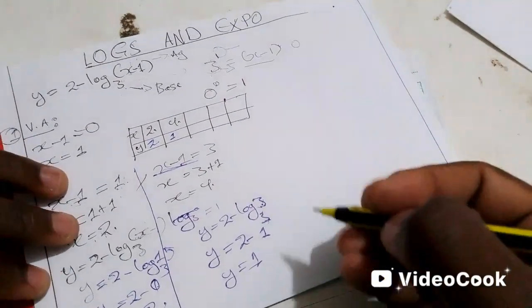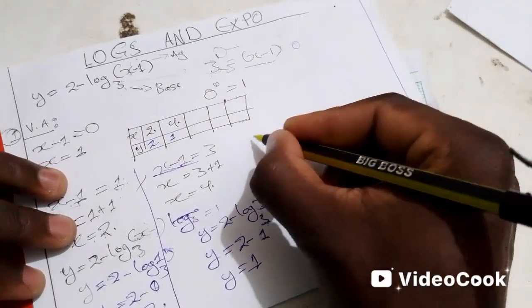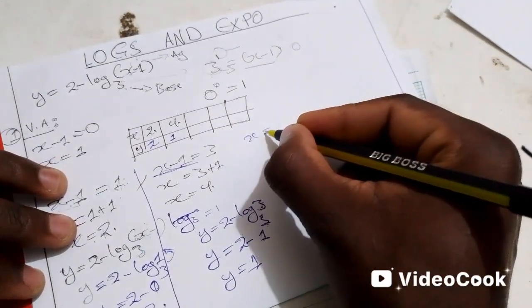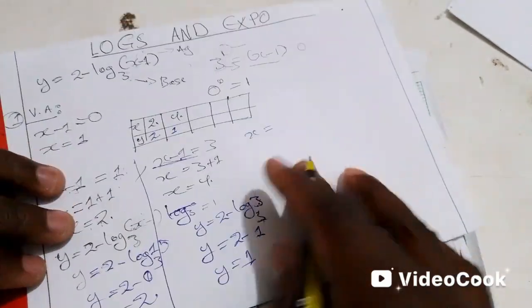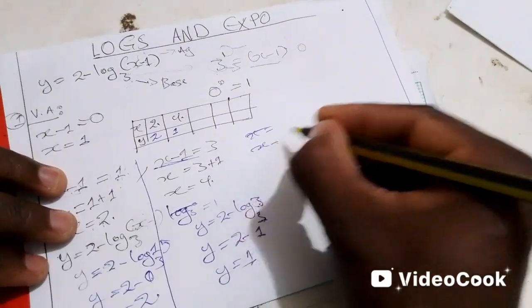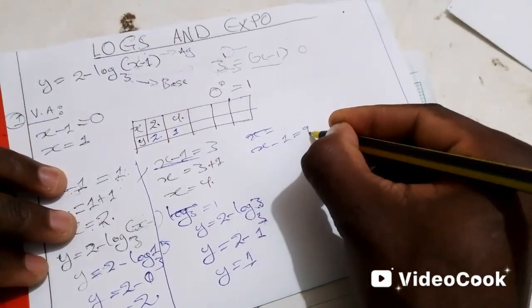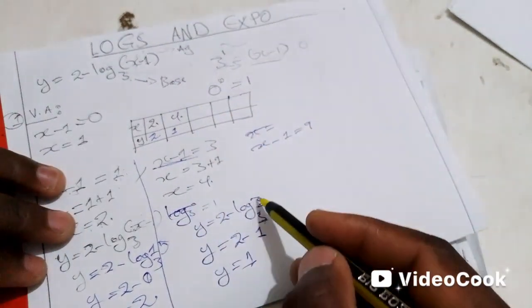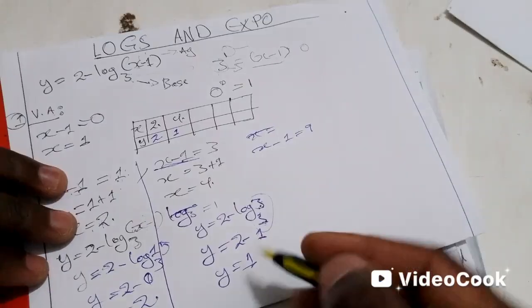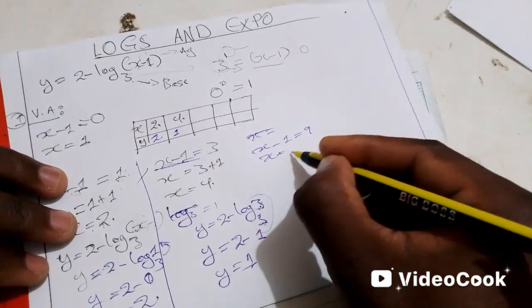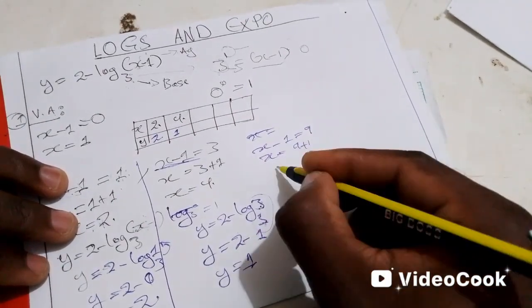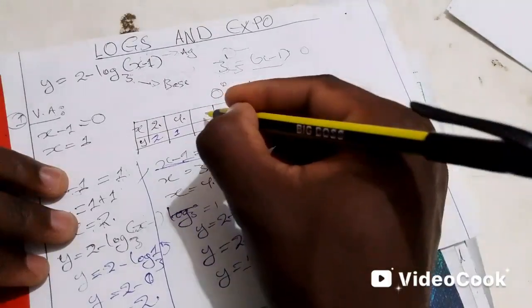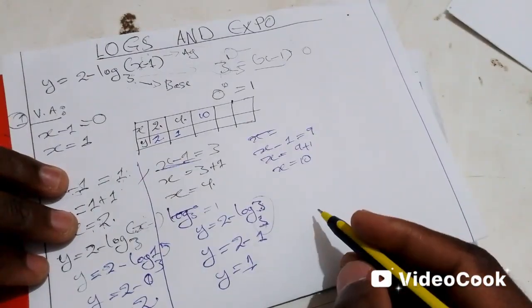So I'll now find x using 9. The argument, x minus 1, is equal to 9. So I'm trying to find x now, because I replaced 9 where there's a log. So x is equal to 9 plus 1, where x is equal to 10. So when x is equal to 10, y is equal to what?